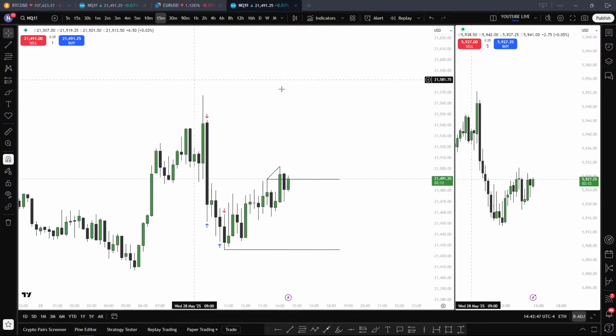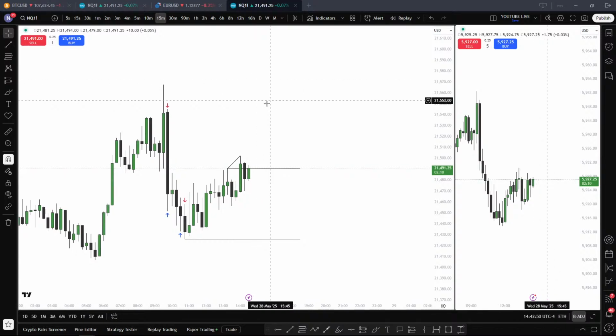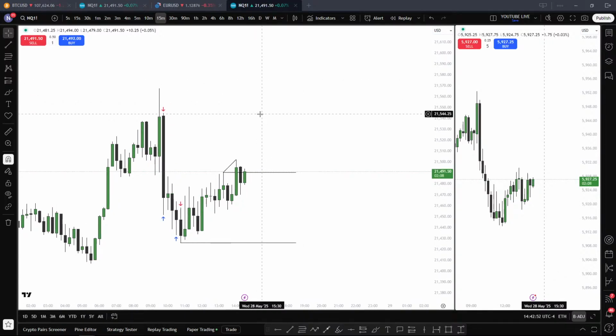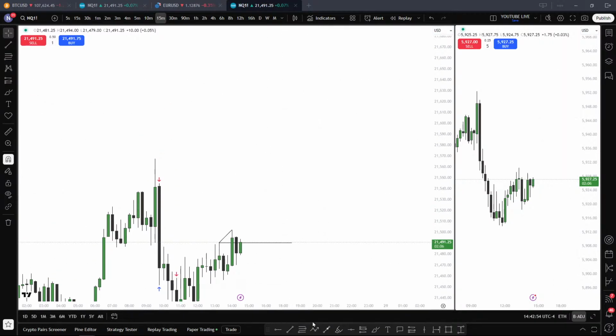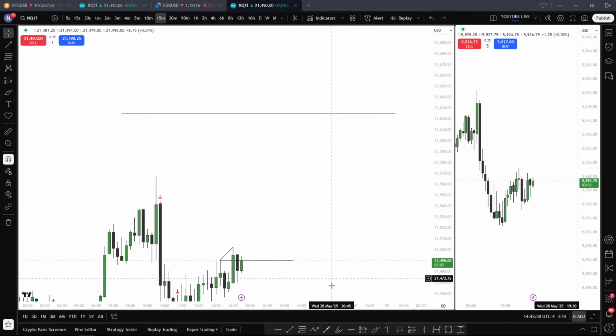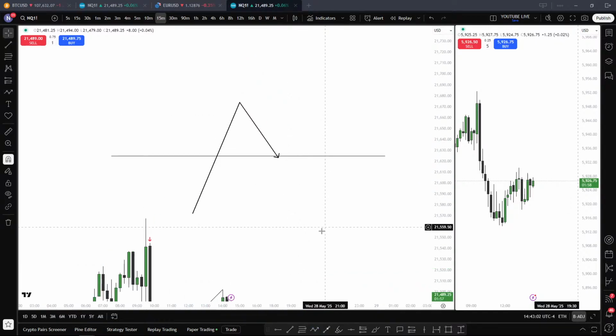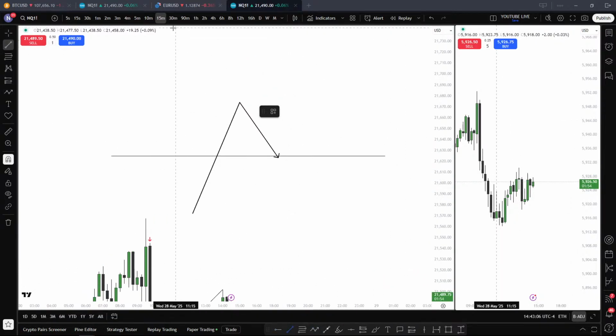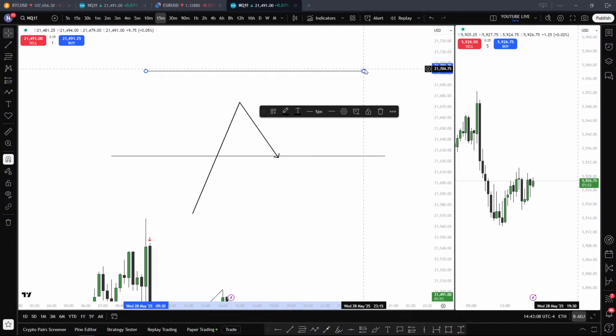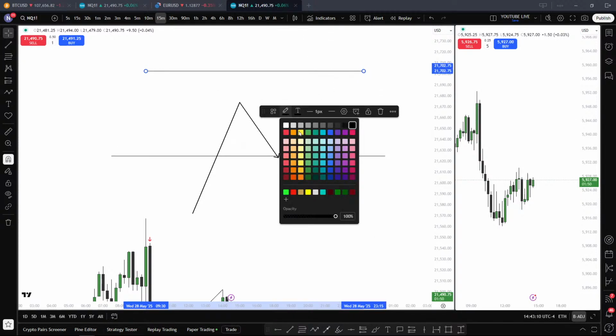Basically, all it is is like a break and retest, really, isn't it? You have some sort of level here, a breakthrough level, and then you have the EQ of a range here.